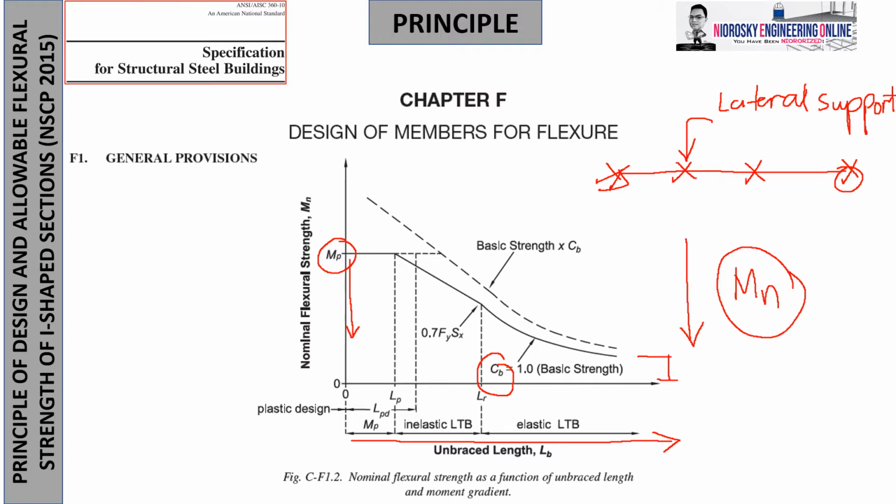Usually, wini-weld natin yan. Pero sa top flange naman yung kinakabit, yung top plate or bottom plate, nilalagay natin ng rivets, or sometimes pwede ring i-weld. So, those are the types of lateral support for a system of structure. So, the question would be again, how do we calculate this very important nominal moment capacity?